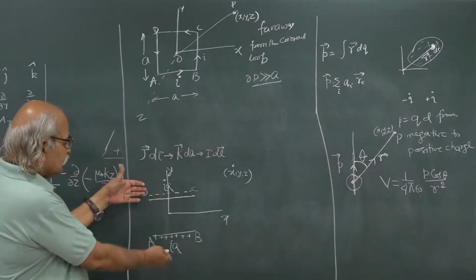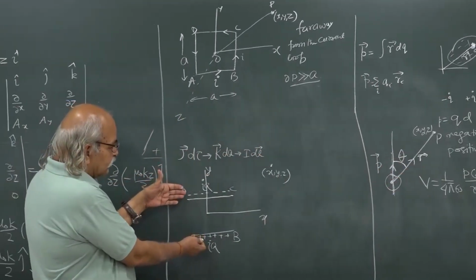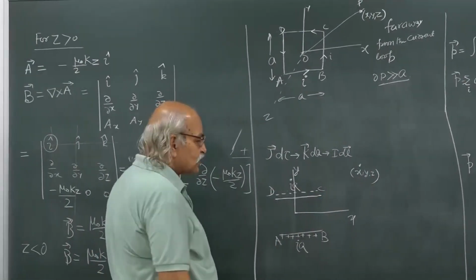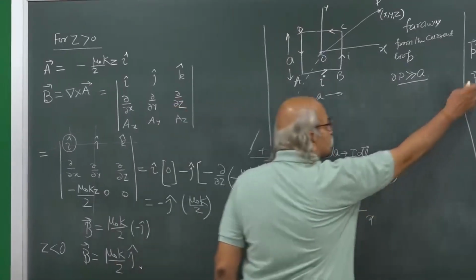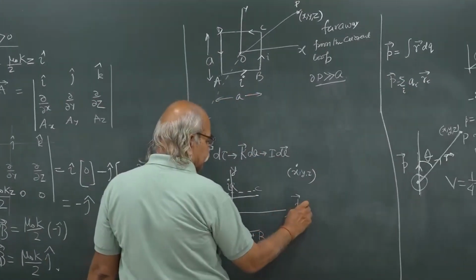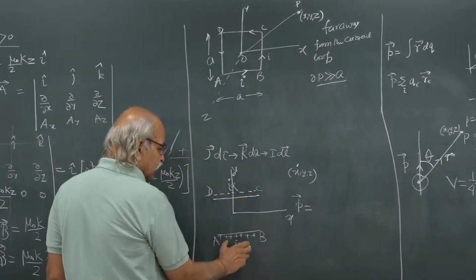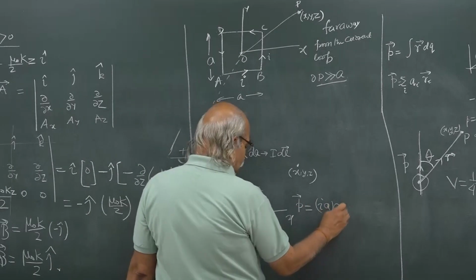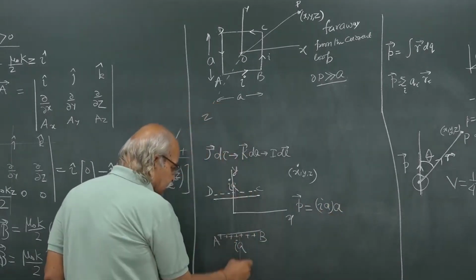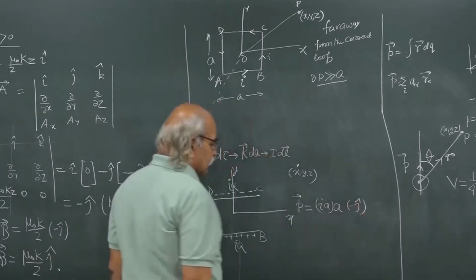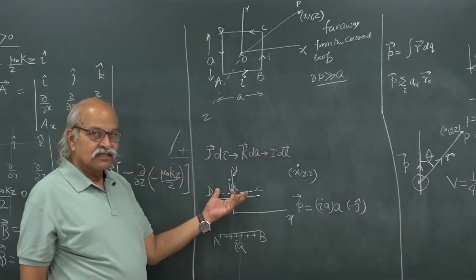So, this can be treated as an electric dipole because this point is far away. What is the dipole moment? If you use this or this, then the dipole moment will be this charge IA times A, and the direction will be negative to positive, so minus j cap. That is the dipole moment of this, right.